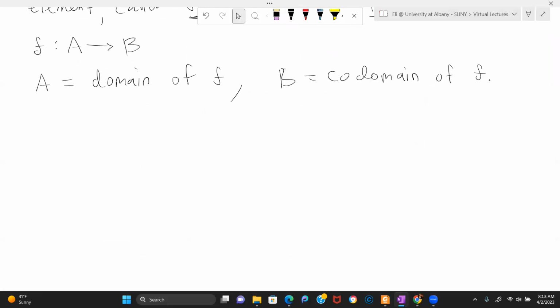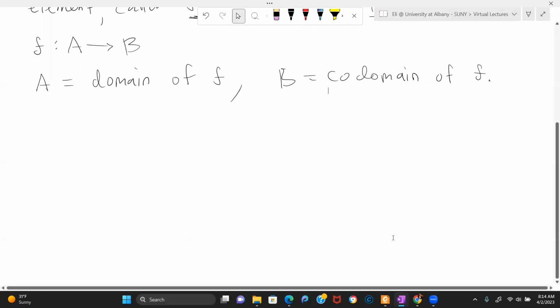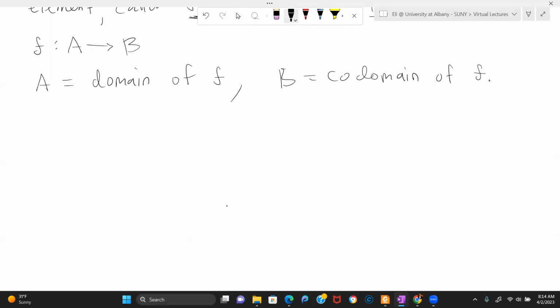Then you can talk about the range of a function. Last time we looked at adding functions, multiplying functions, dividing functions, and the last thing we looked at was composition.